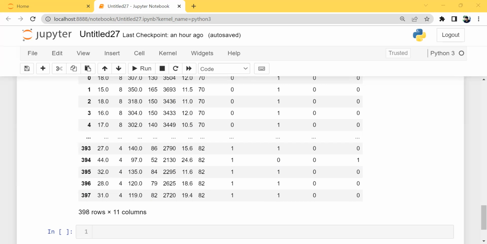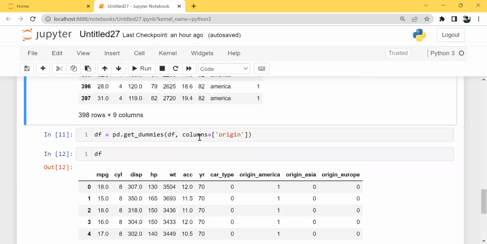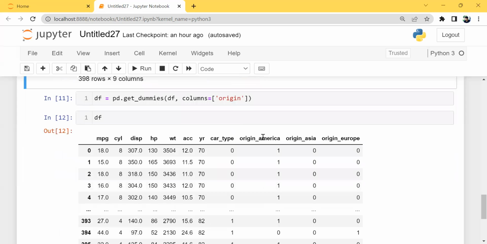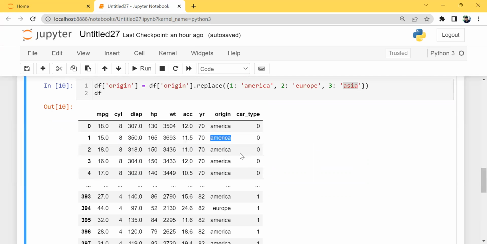So what happens when you convert? You have converted the origin column, which has multiple categories, that is America, Europe, Asia, into numeric columns. So the origin column has been split into three categories, right? For example here, see, I'll explain.